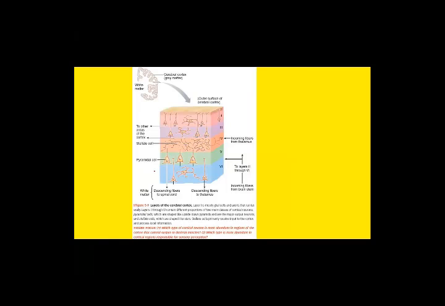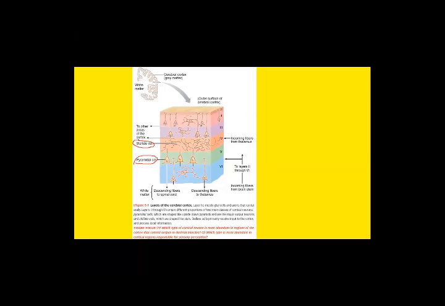Now this is the diagrammatic representation of the previous diagram. Again, you can see we are zooming into the pyramidal layer. You can see the pyramidal cells. These are the triangular pyramidal shaped cells present in layer 5. Then you can also observe the stellate cells.